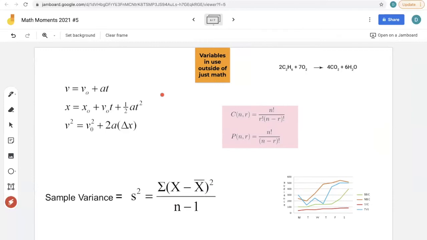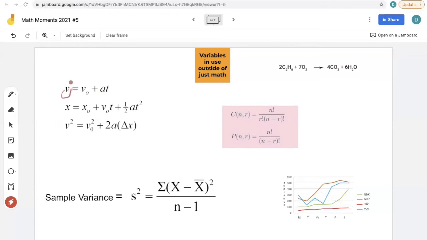These basically tell you velocity, displacement, and acceleration somewhat. They're a bit complicated, but these first two are velocity and displacement, and then this one can be used to find acceleration, which is that A. But the important thing is that they kind of relate to each other, but we're highlighting the variables today.